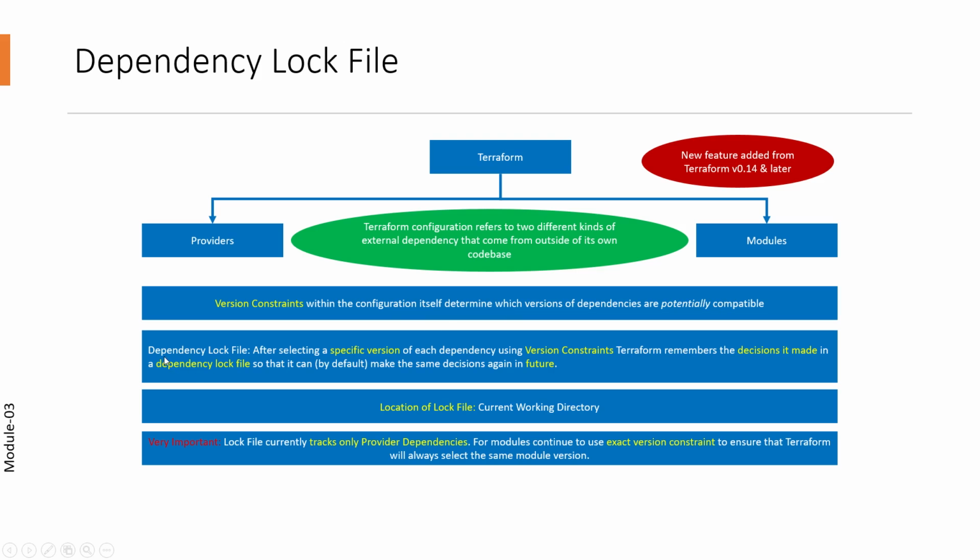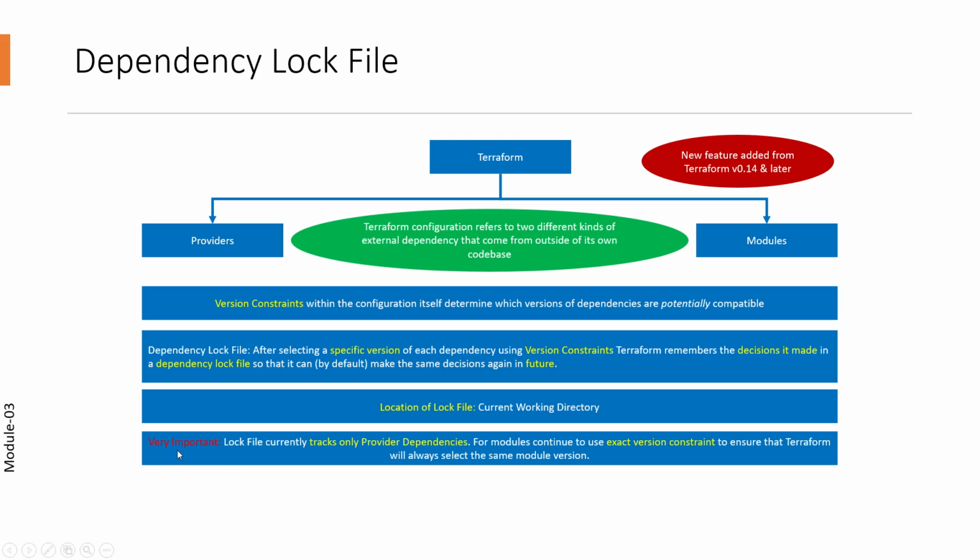And then the second one is the dependency lock file. After selecting a specific version of each dependency using version constraints, Terraform remembers the decisions it made in the dependency lock file, so it can by default make the same decision again in future. The location of the lock file is in the current working directory.